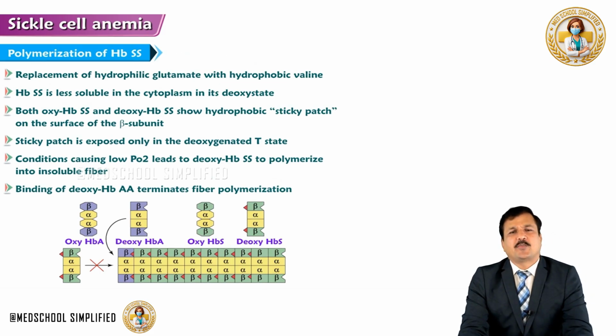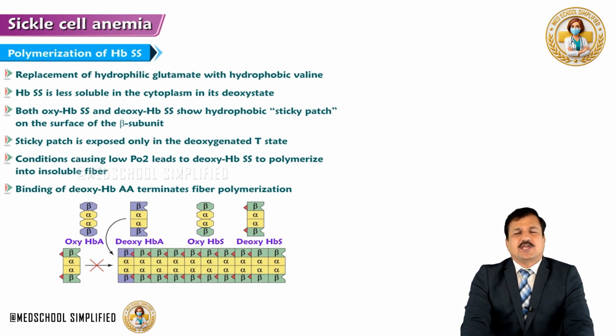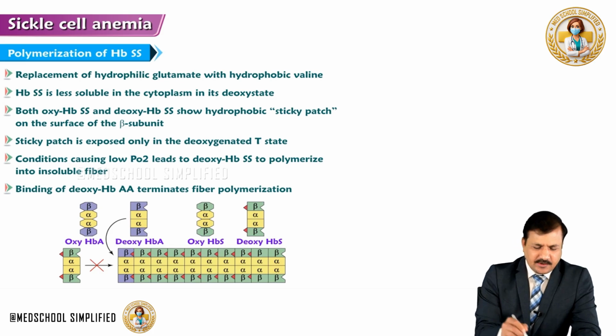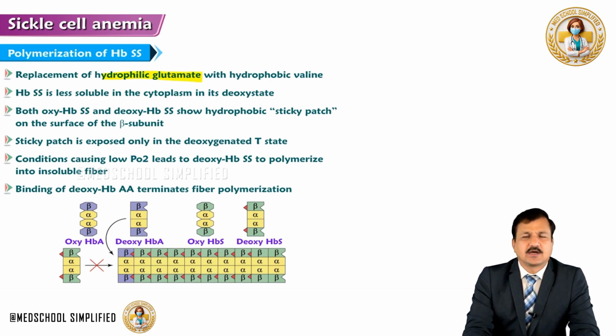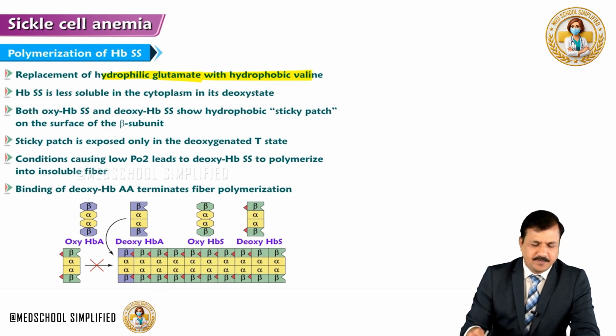Now let's look at polymerization of hemoglobin in sickle cell anemia, where both the globin genes are mutated. That's why both the globins in the hemoglobin molecules are affected. The change here is a replacement of the hydrophilic amino acid glutamate with the hydrophobic amino acid valine.